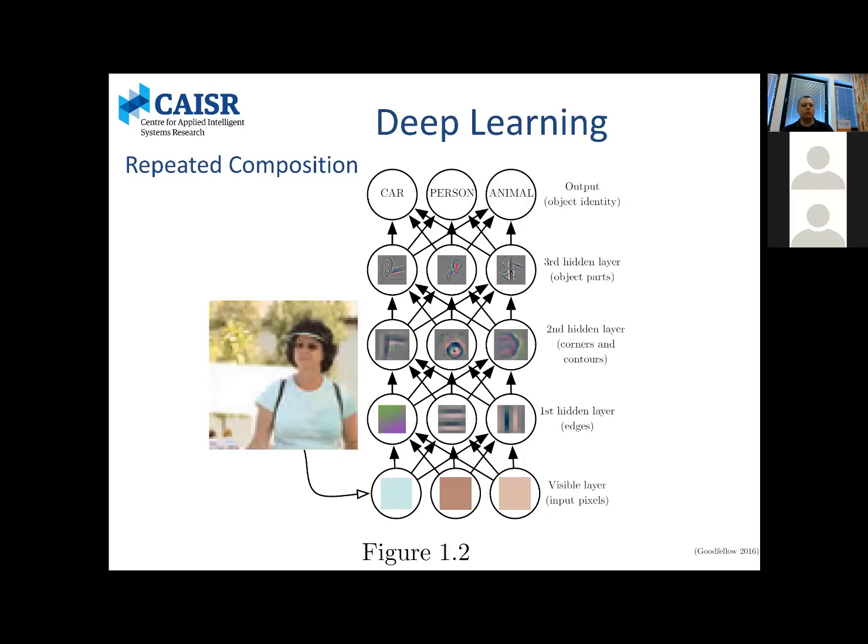So it's reusing the knowledge about edges at different places of the image. That's the core idea behind it. And until deep learning came into the picture, we didn't really have a good way of building those kinds of hierarchical features. A lot of this work was done by people, by experts, by researchers.